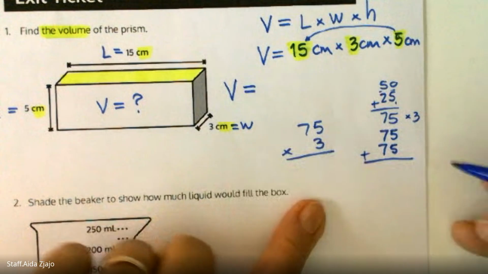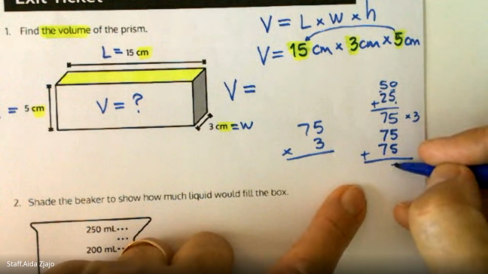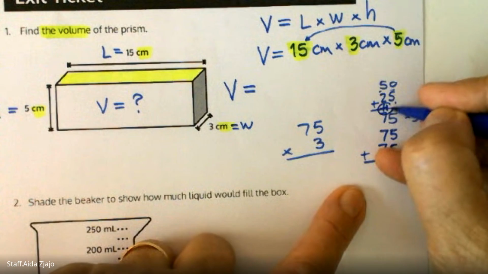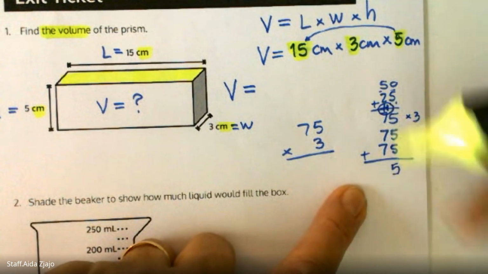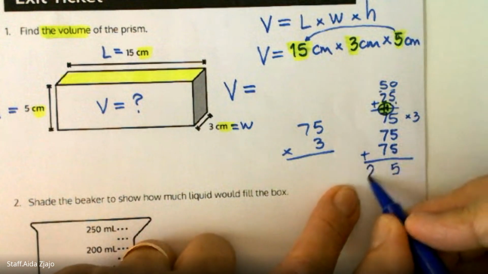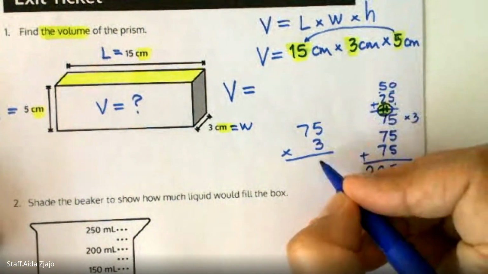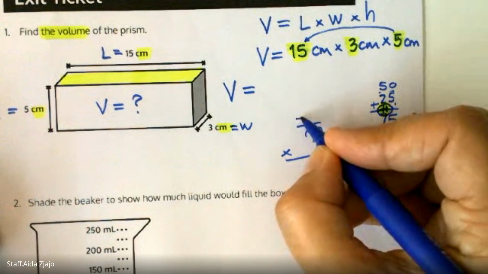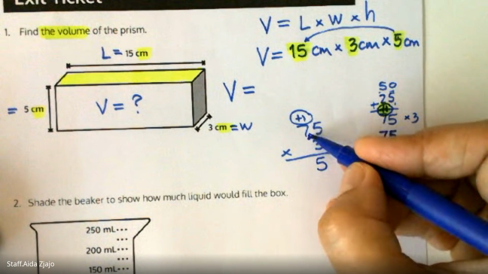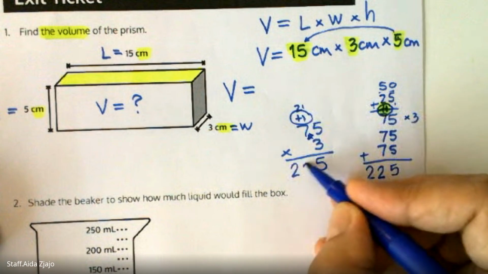Either way, you're going to get the same answer. 3 times 5 is 15, remember the 1. 3 times 7 is 21, plus 1 is 22.